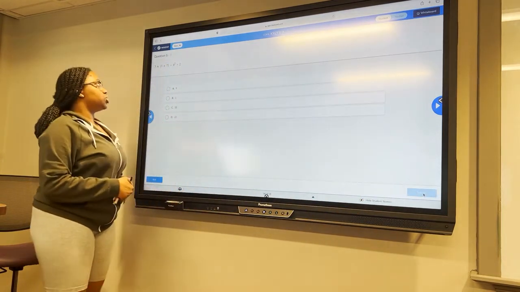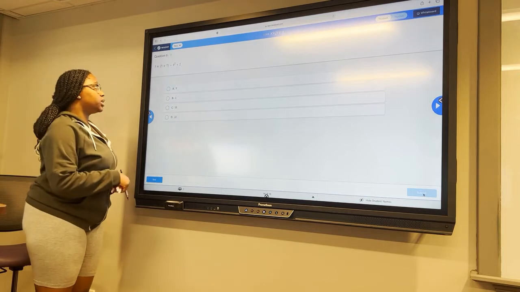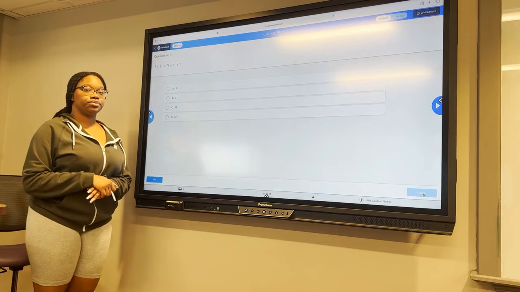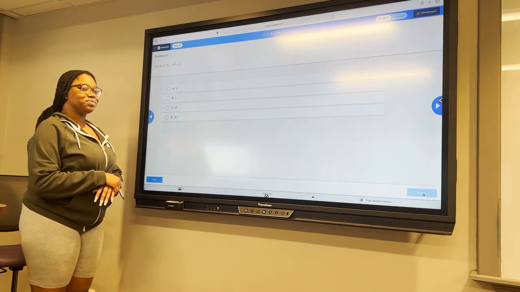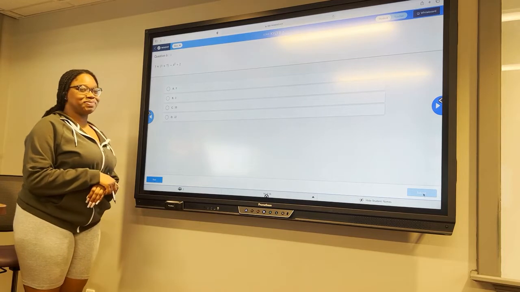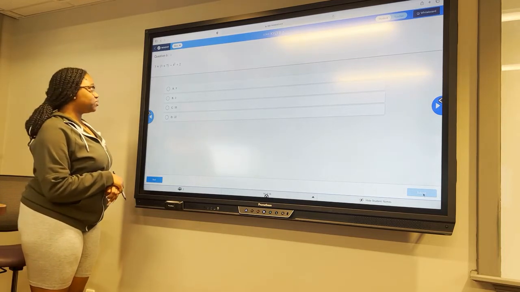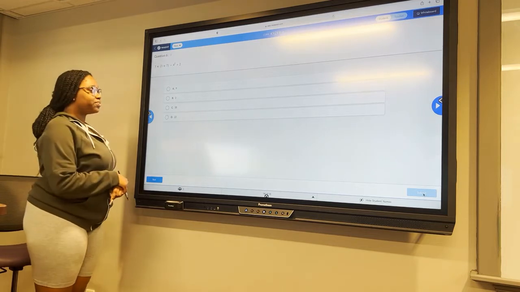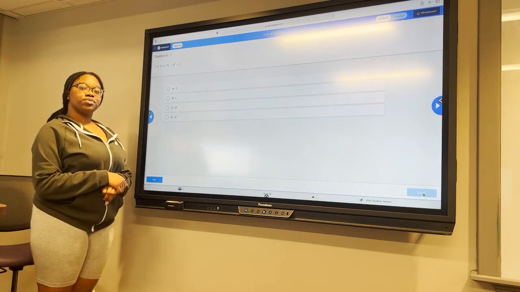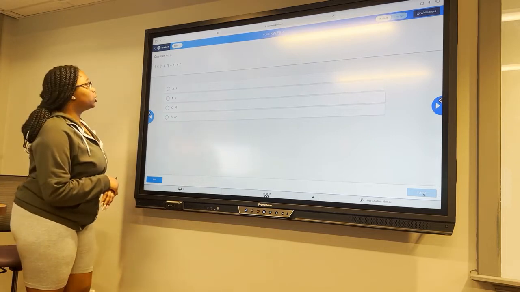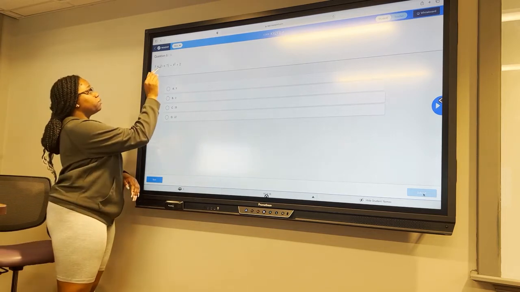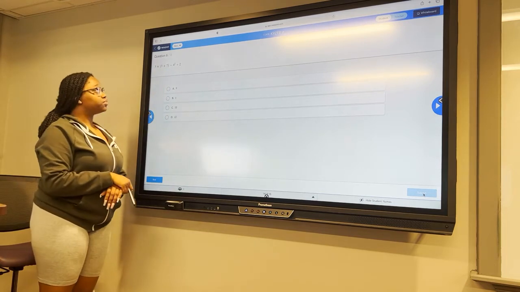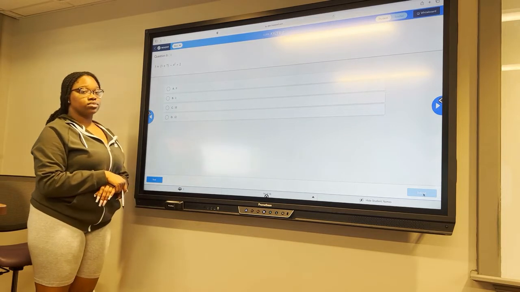For the last question, 3 times (3 plus 7) minus 4 to the power of 2 divided by 2. Miss Moore, we should do that together. If you would like some help, you would start with 4 to the power of 2. But you said parentheses first.